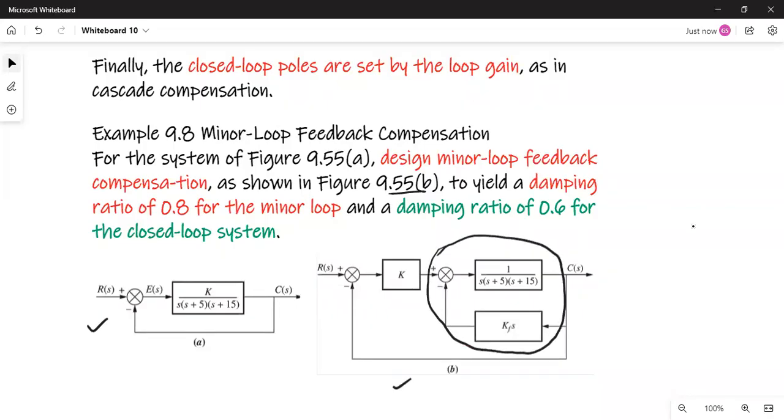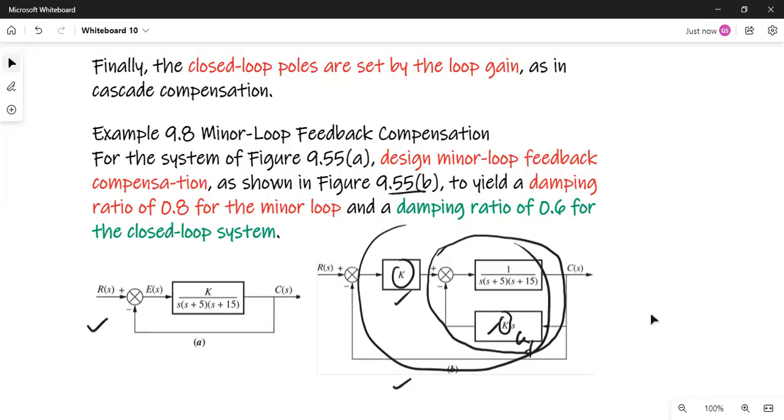Once we are happy with that, note that in this one K1 is not available, so the only thing we are changing is KF. Once that is done, we'll go for the overall closed loop transfer function, the whole system, based on the variation of K. So the first one is based on KF, and the second one is based on K. This is how we are going to design this system.